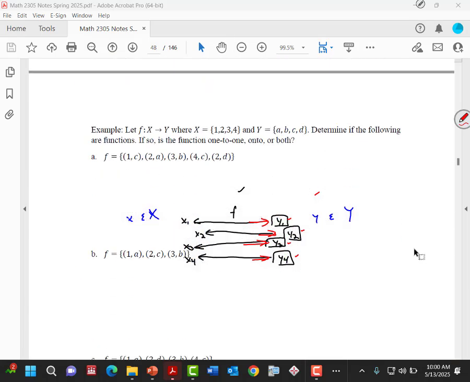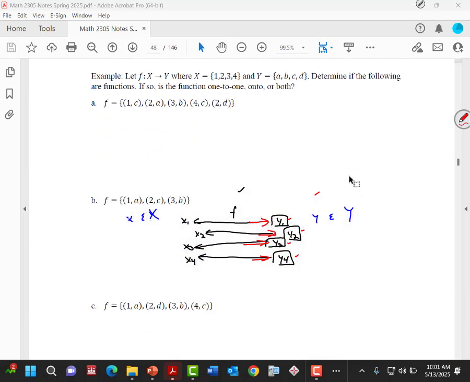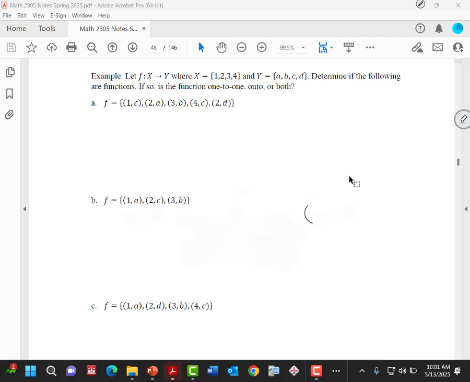So let's use that idea to take a look at some very basic examples. Let f map X to Y, where X is the set 1, 2, 3, 4, and Y is the set a, b, c, d, and determine if the following are functions.